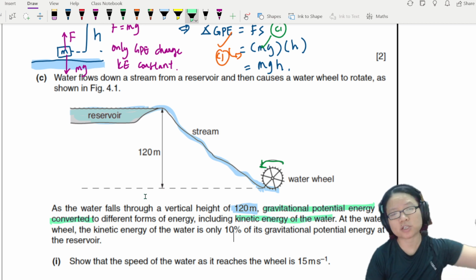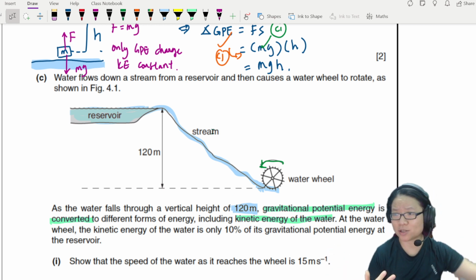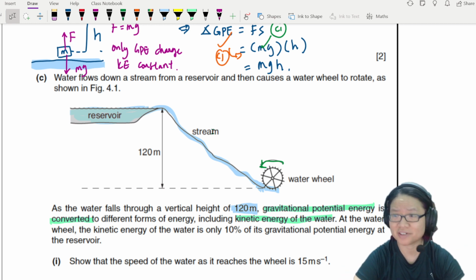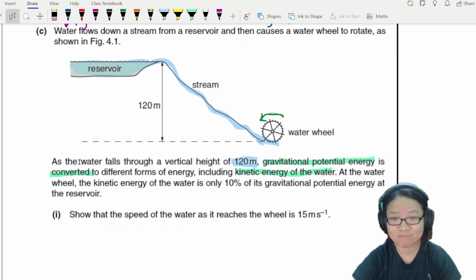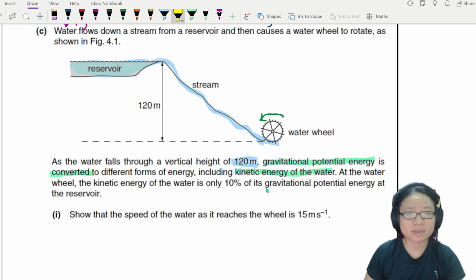So you can imagine as the water flows downstream, it will flow faster and faster, but there's a lot of friction because the water can collide with the fish, the rock, who knows what else is inside the river, random boat, right? So at the water wheel, the kinetic energy of the water is only 10% of its GPE.